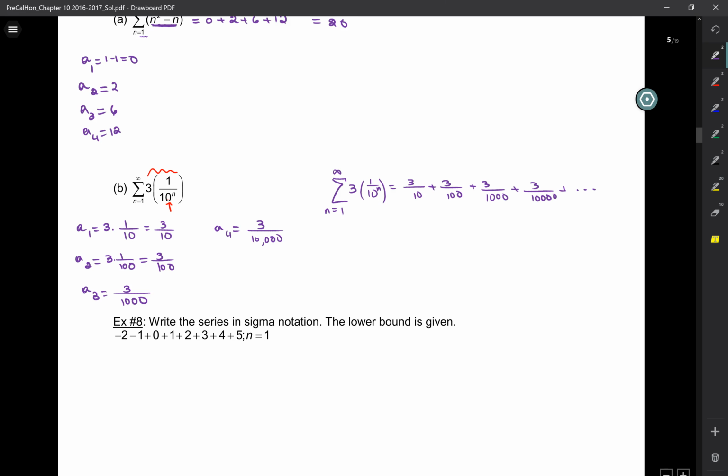Okay, what's 3 over 10? Well, I think that's 0.3, and this is 0.03, and this is 0.003, and this is 0.0003, right? Okay, so what is this then? It looks like this is 0.3 with a bar, right?